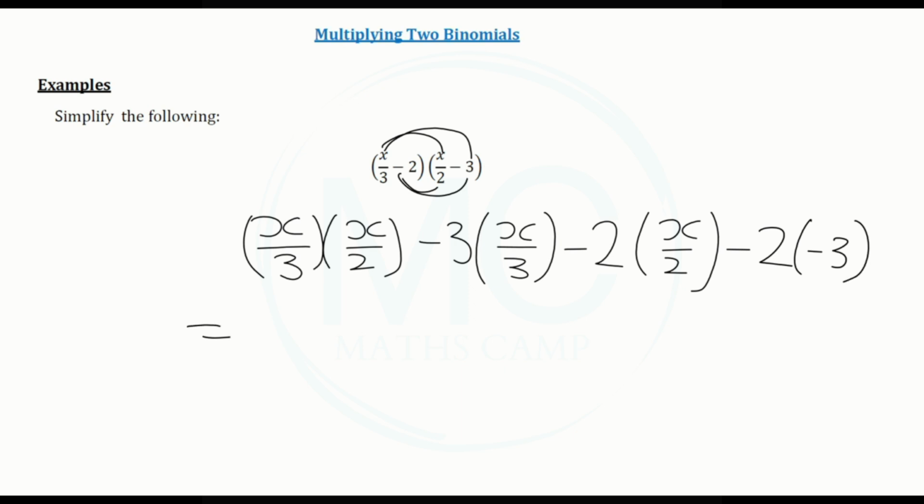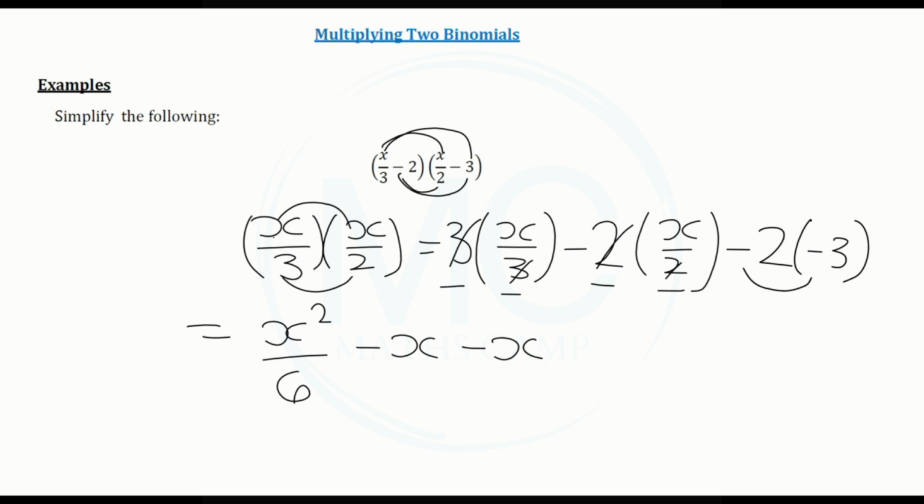Now we can simplify. X multiplied by x gives us x squared. 3 multiplied by 2 gives us 6. So we get x squared over 6. Over here, the 3's cancel, and we are left with negative x. Over here, our 2's cancel, and we are left with negative x again.